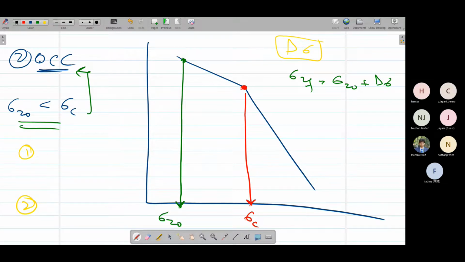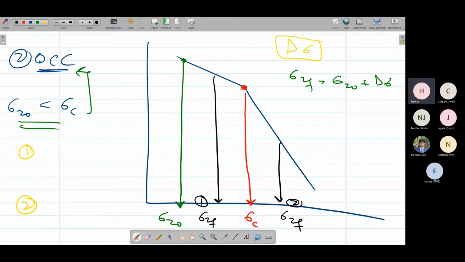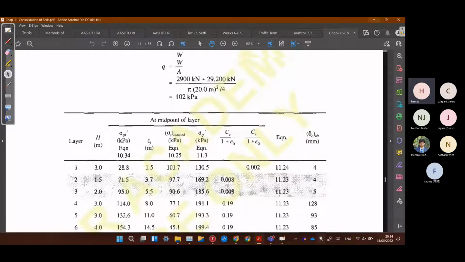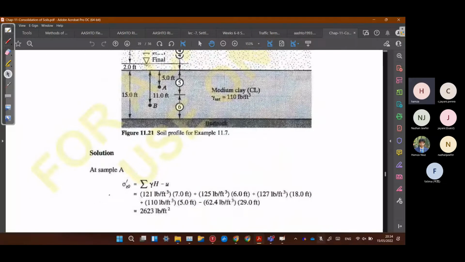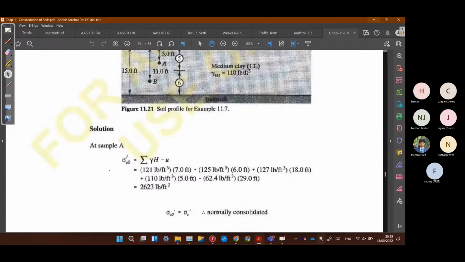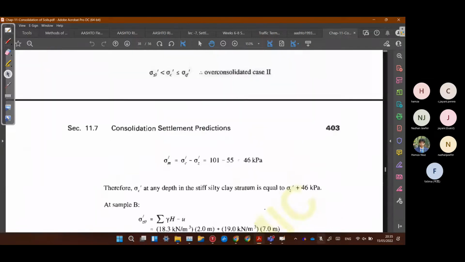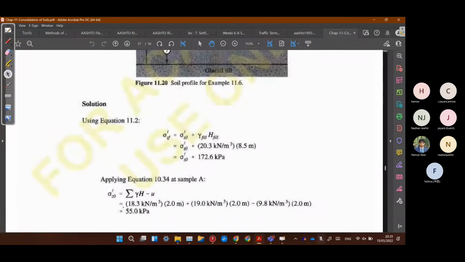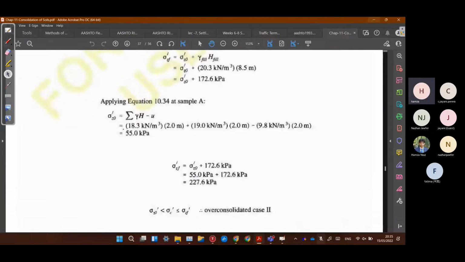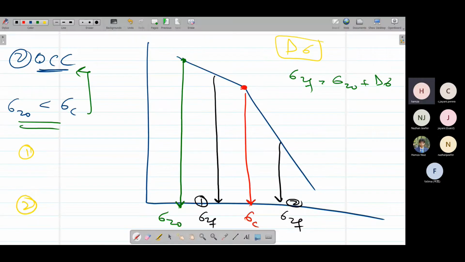So we have two cases. Either sigma ZF stays below sigma C, or sigma ZF has increased more than sigma C. In this question, they have called sigma ZF less than sigma C case 1, and sigma ZF more than sigma C case 2.